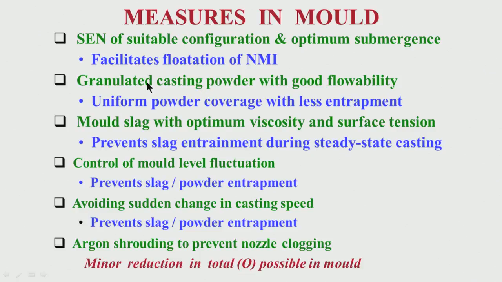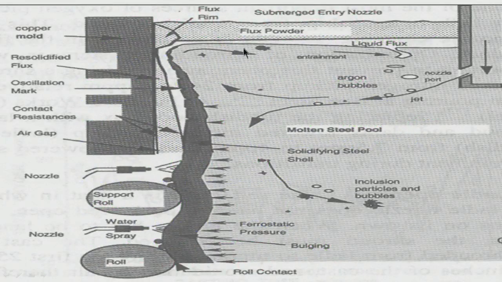Granules are formed from the powder, so we have good flowability, which is very important. So, this gives uniform powder coverage. You see, this is a flush powder, it should be uniform, because this also determines heat transfer to a certain extent.